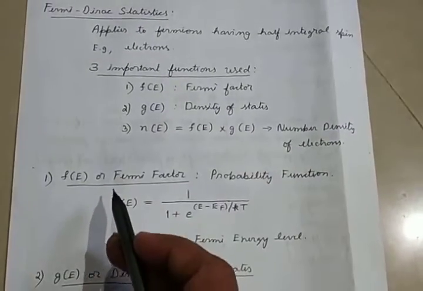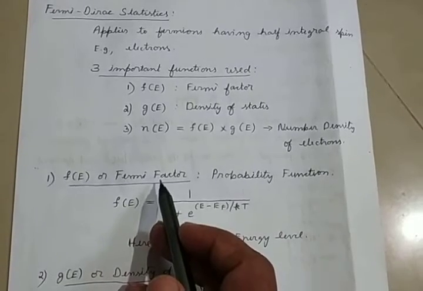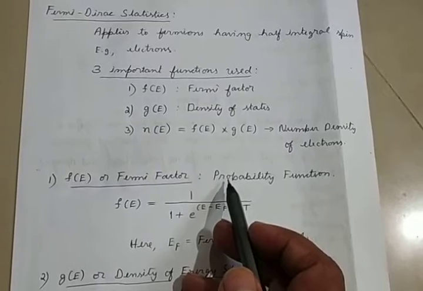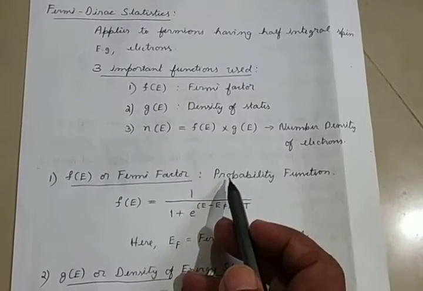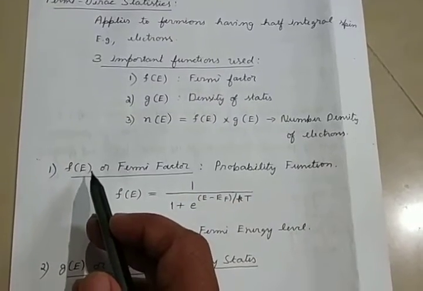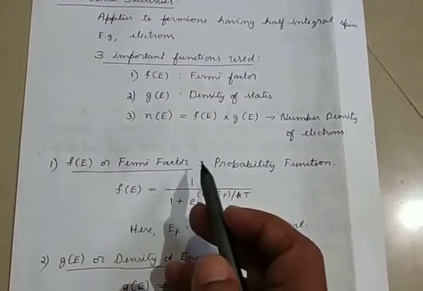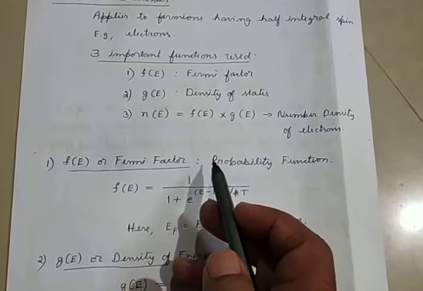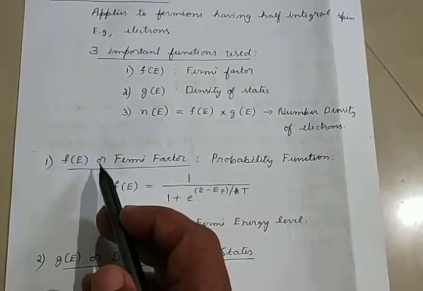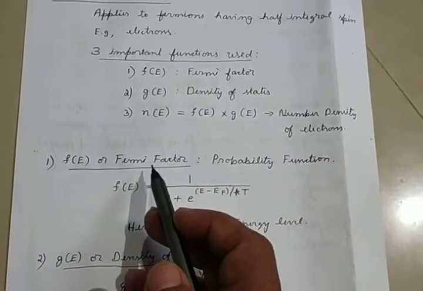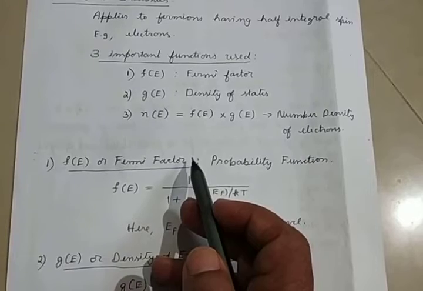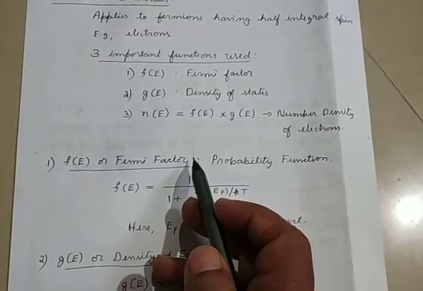First, coming to F of E, or the Fermi factor. This is actually a probability distribution function. It gives us the probability of finding an electron in a given energy level E. And we know that probability values lie between 0 and 1. So this function F of E gives us a value between 0 and 1, which is the probability that the given energy level E is occupied.